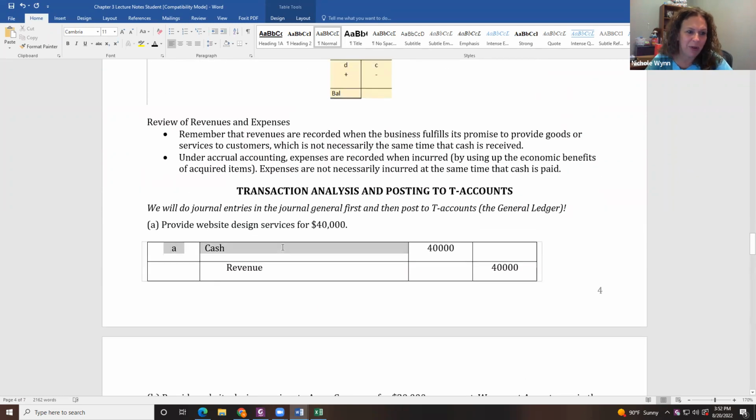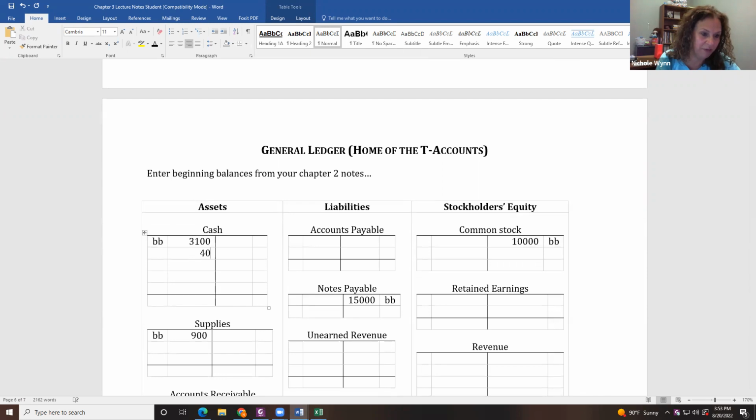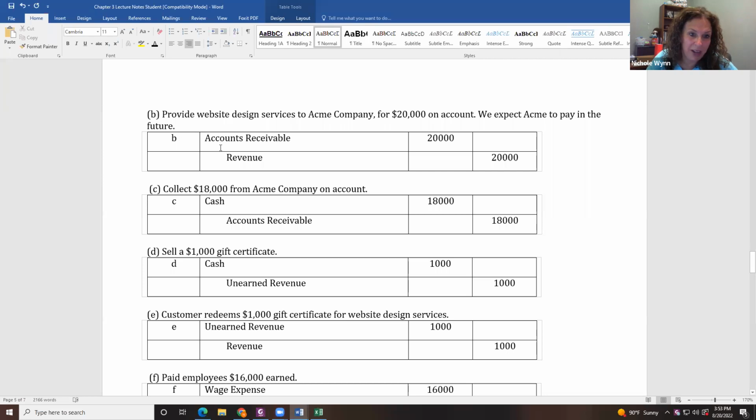And now sometimes students are like, well, how do you know what side you're supposed to put it on? It's the same side as the journal entry. So letter A is a debit to cash of 40. So I'm just going to go to the cash account. Letter A, the credit was revenue. Transaction B was a debit to accounts receivable.